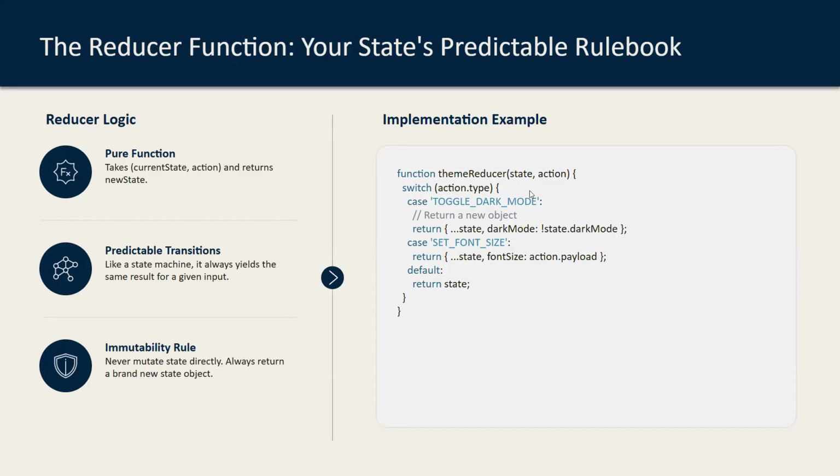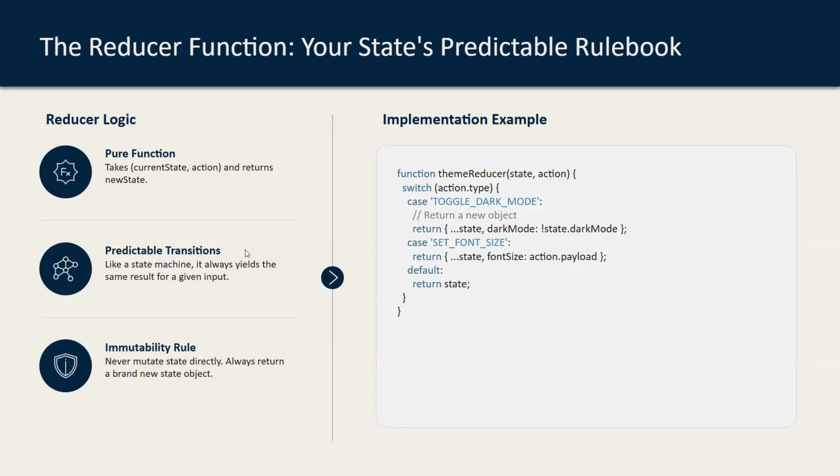Functions like this typically should not cause side effects, and for the same input, they should always produce the same output. So the key idea is that these functions just take the current state and the action, and based on our logic, return a new state.